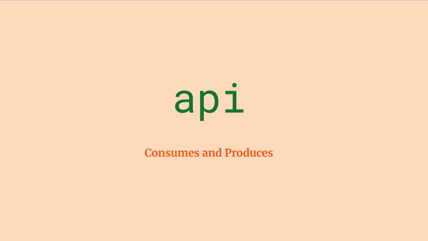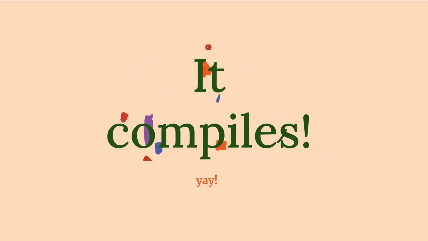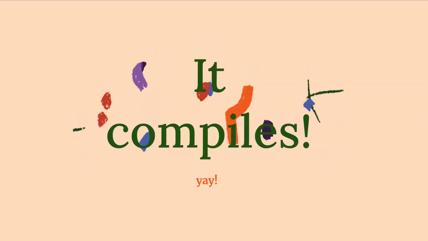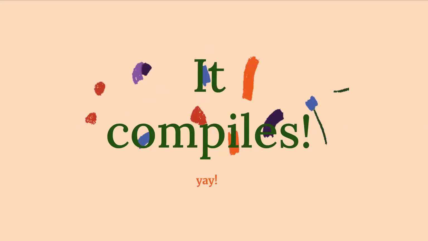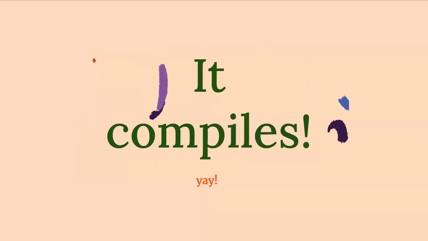There's many other nuances to this, but I think this is the best way to think about it. So now when we change our dependency to an API dependency, not implementation, our code will compile. Yay, that's good. I should have tried live coding this just to demonstrate it, but you just have to trust me that this works.